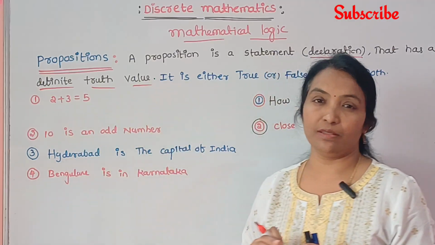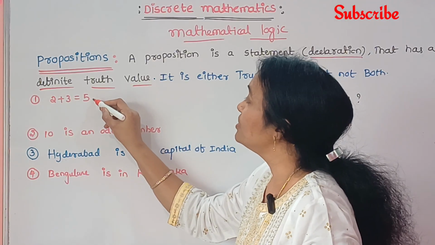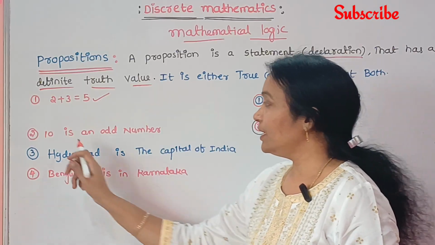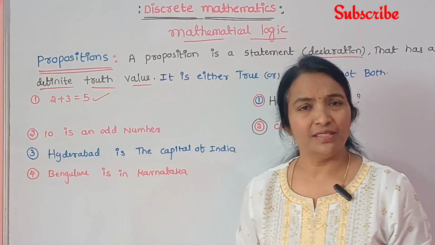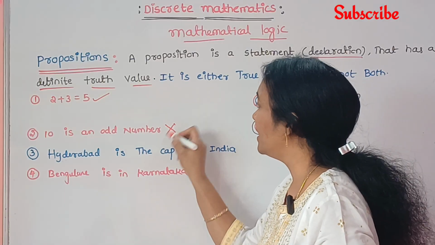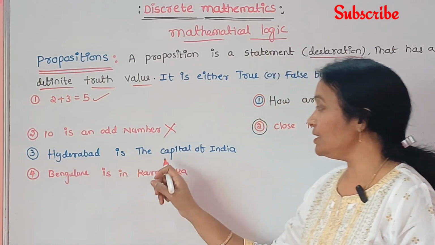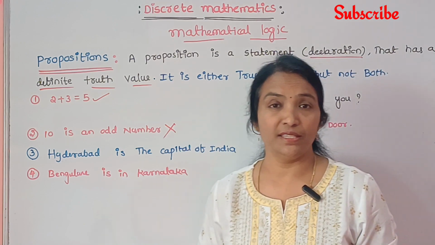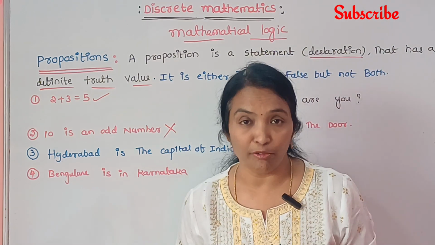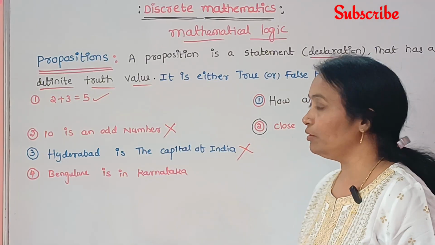2 plus 3, what is our result? It is 5, right? Then it is true. 10 is an odd number. Is it an odd number? No, 10 is not an odd number, which means it is a false statement. Hyderabad is the capital of India. Is it? No, this is not the capital of India.